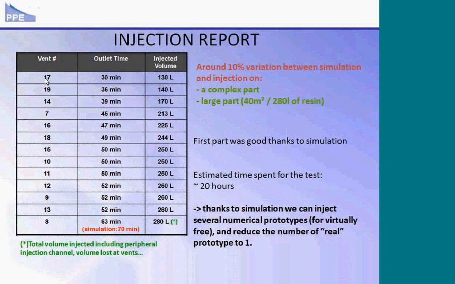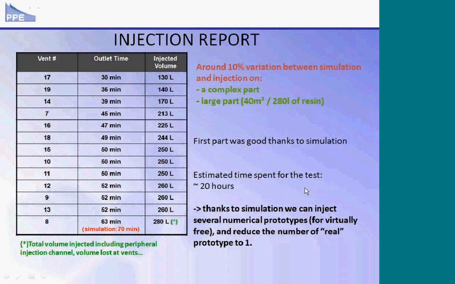We can follow the injection using the information from the injection machine, that is the weight or the volume already injected and the injection time, and we can check on the mold that the right vent is reached at the right time. And for this part, the very first prototype was successful because we spent a lot of time in the simulation and also to implement a good injection strategy.